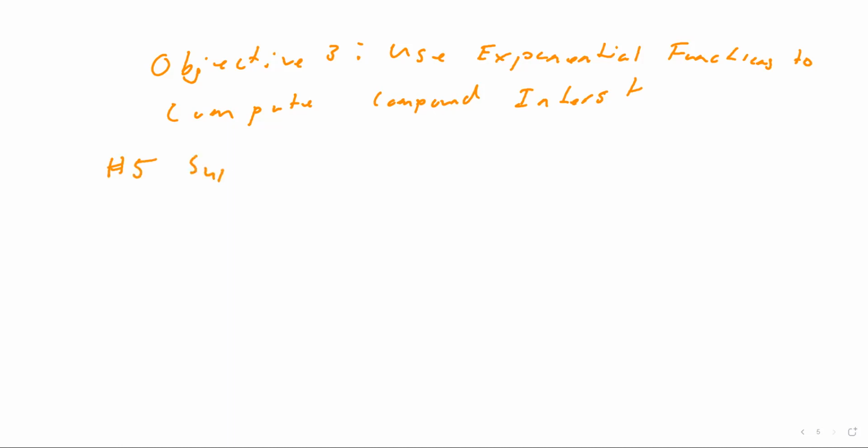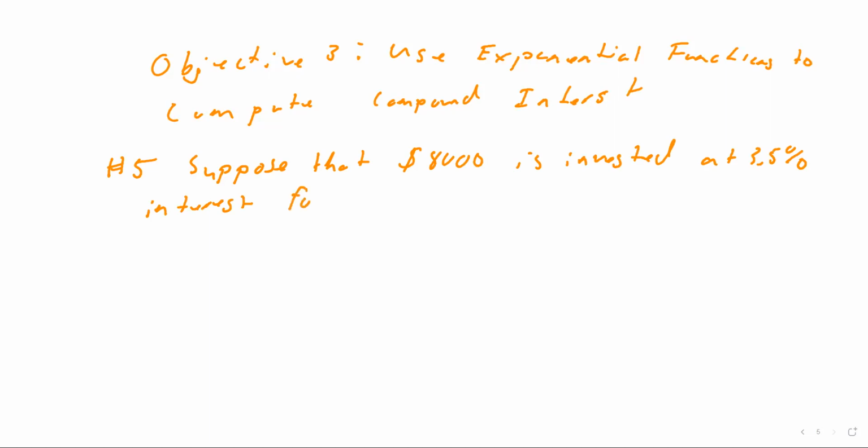Suppose that $8,000 is invested at 3.5% interest for 20 years under the following compounding options.